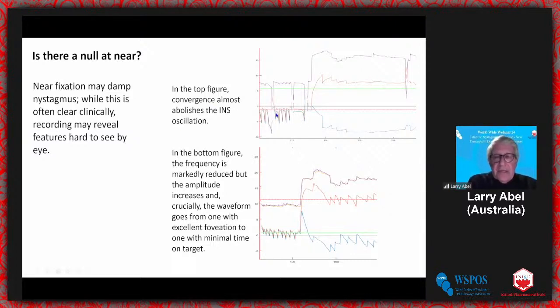Here we see the left eye going right, the right eye going left, and the nystagmus virtually stops. So we go from having a good waveform in primary position at a distance of, I believe, 75 centimeters, which is not terribly far, but it's the seating position for the eye tracker, to virtually no nystagmus.